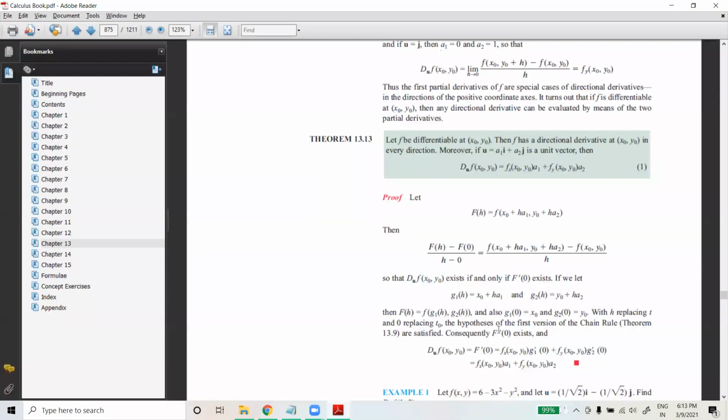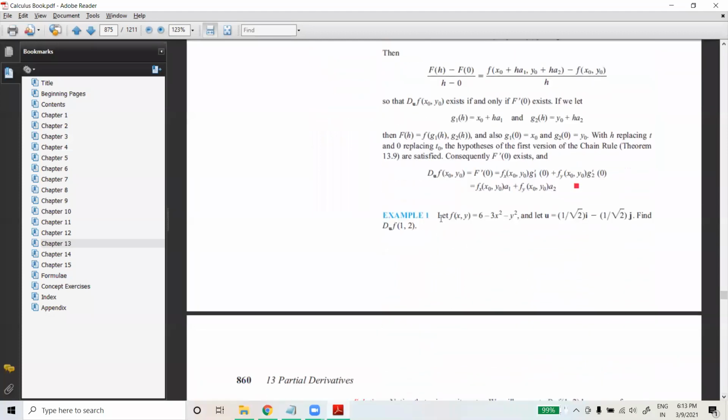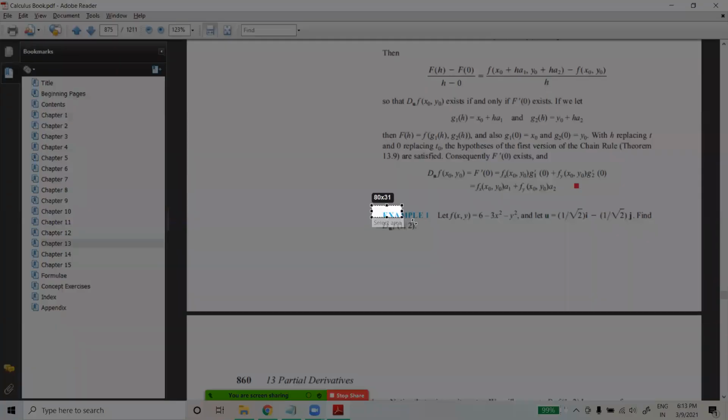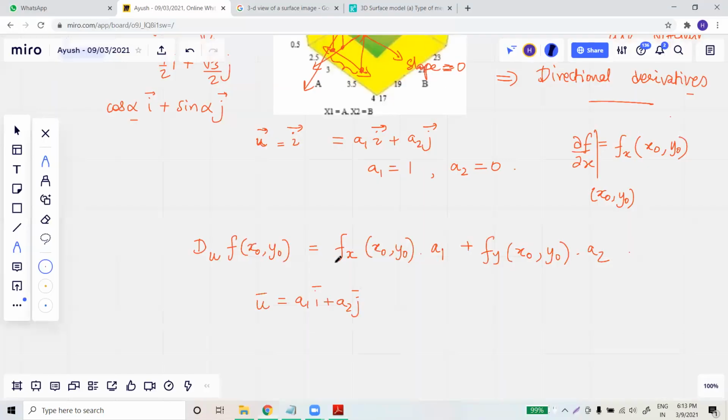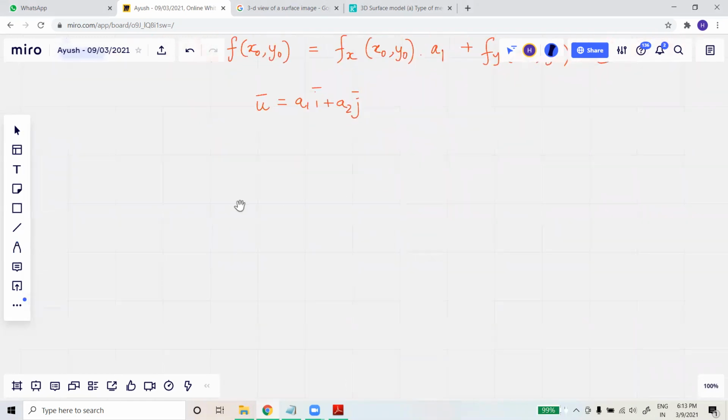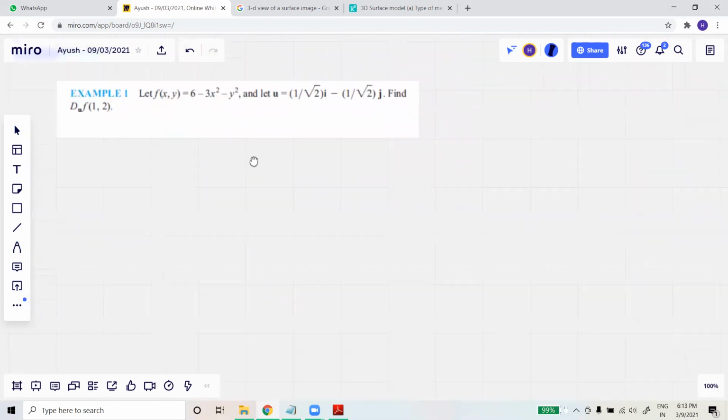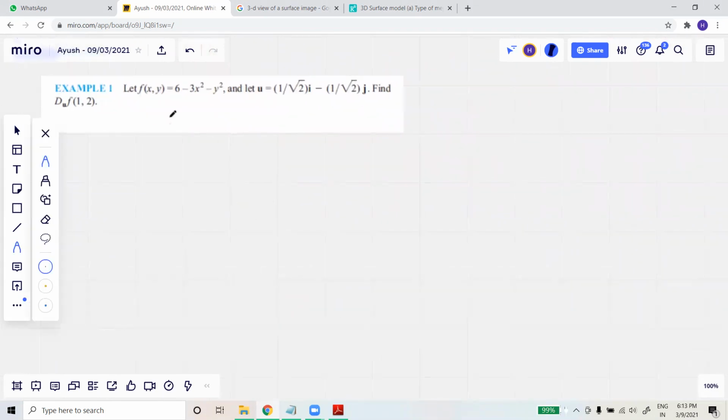So, after this, there are some examples. They're saying fx is given by this, u is this, find this. Okay, let's do it ourselves. So what is the directional derivative Du of the function f at 1 2?